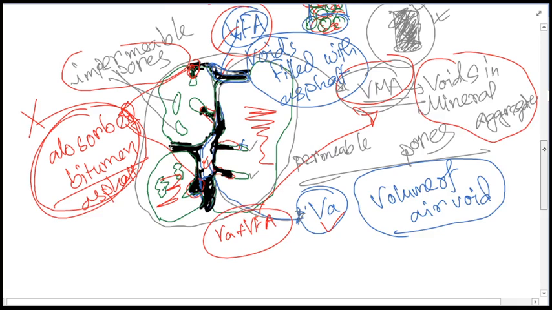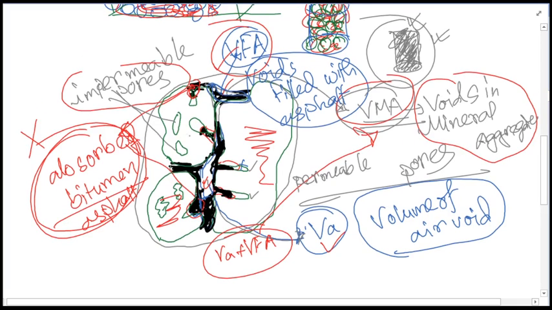Another thing you should remember in the basic concept: if we had used water instead of bitumen, the water would be able to fill the total pore, that is possible. But due to viscosity and other factors, the bitumen will not be able to penetrate through it.